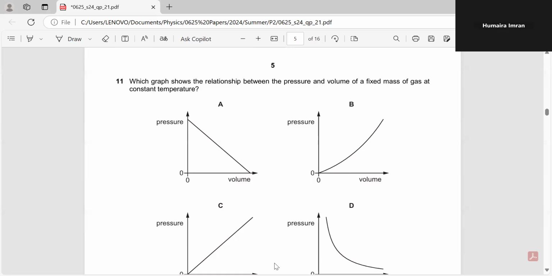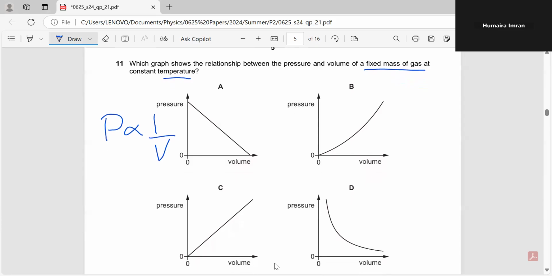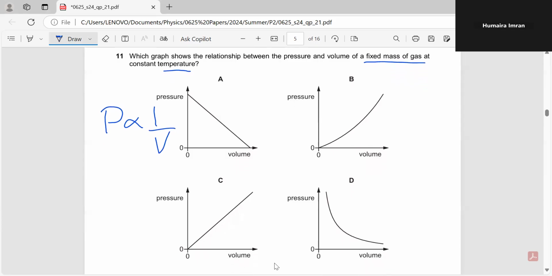So in question number 11, they are saying, which graph shows the relationship between the pressure and volume of a fixed mass of a gas at constant temperature. And we know that the relationship between pressure and volume is inverse. They are inversely related to each other, right? So if two quantities are inversely proportional to each other, then they don't have a straight line graph.